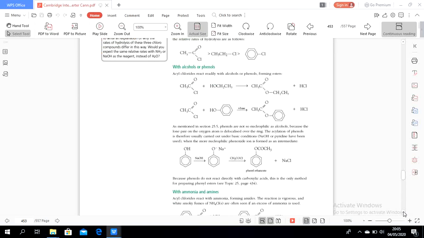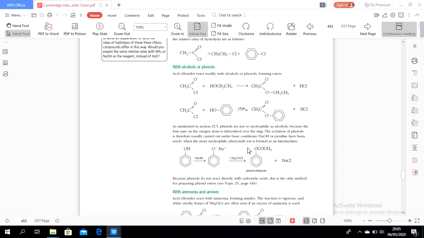As mentioned in the previous chapter 25.5, phenols are not as nucleophilic as alcohols because the lone pair of the oxygen is delocalized over the ring with the pi bonding system. The acylation of phenol is therefore usually carried out under basic conditions using sodium hydroxide or pyridine.